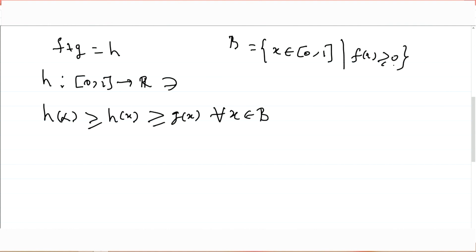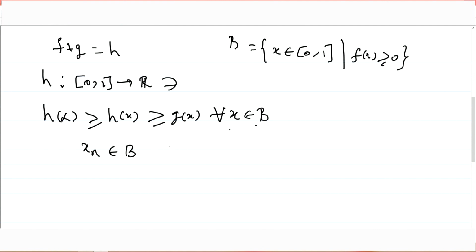And we had called alpha the least upper bound of B. So, for every x in this set B, h of alpha will be greater than or equal to h of x, because h is a non-decreasing function. So, h of x will be greater than or equal to g of x for every x in B. Clear?